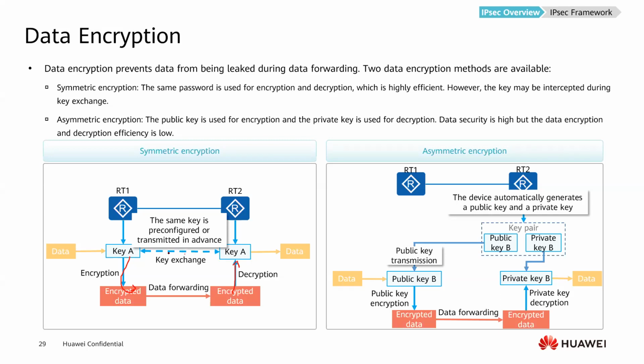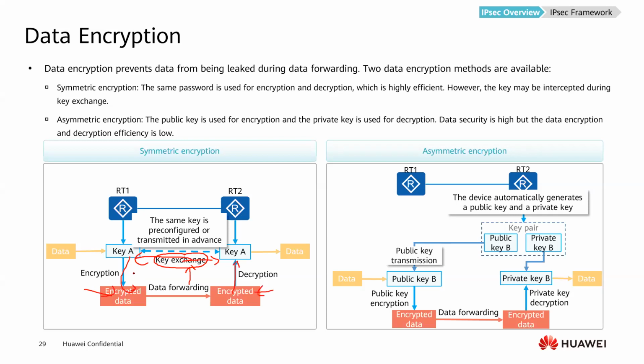The problem is about key exchange. How can I exchange the key? You may be thinking, okay, I can directly forward it from one side to the other side. I will send a packet with the key. But in case your key is captured, then your encryption and decryption mean nothing.